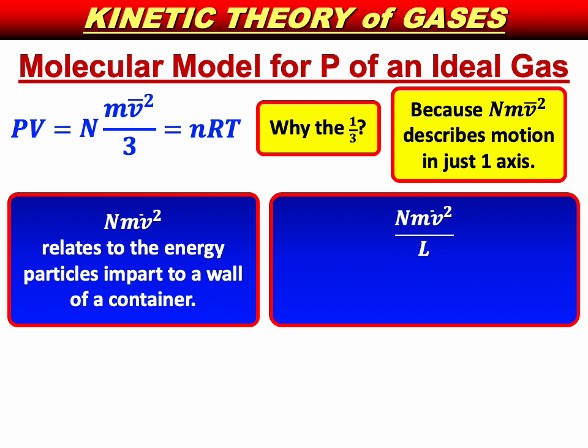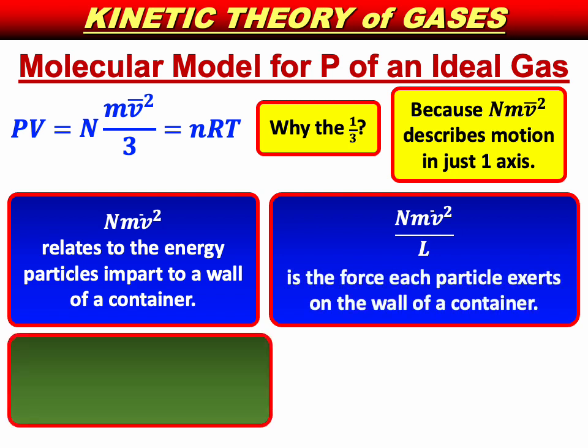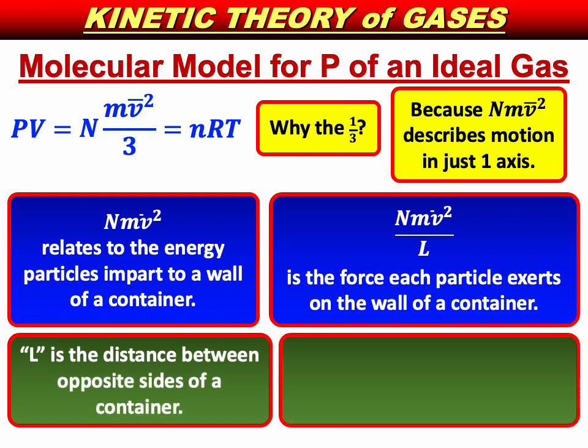Okay, so this isn't in the equation, but we're going to look at this. Turns out this tells you the force that each individual particle exerts on the wall of its container. What is that L? Well, L is the distance between the sides of the container. If you just look at that term in the upper right blue box, even if we didn't know what L means, when L gets big, whatever number we're calculating gets small.